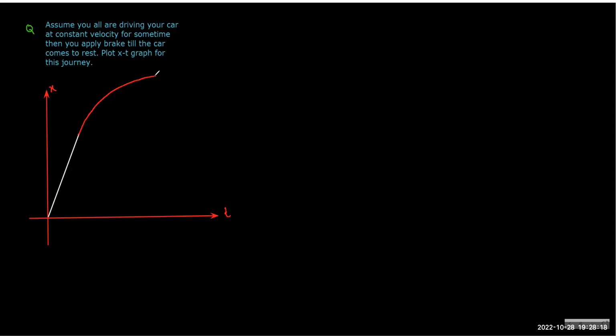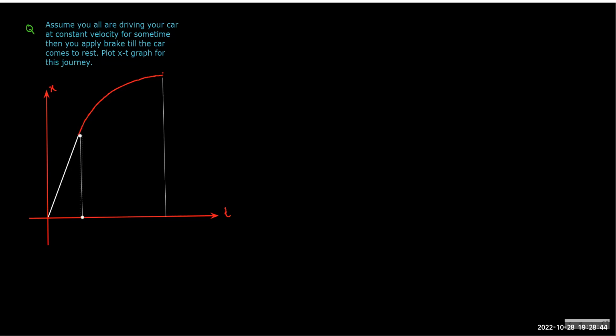And eventually it will become a horizontal line. So I can draw a bit more. That's it. Horizontal means the slope is 0 now. At this point, there is no slope. If you draw a tangent, it will be horizontal. Understood? So your graph will look like this. How many of you realize this?